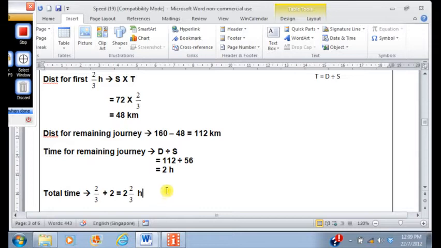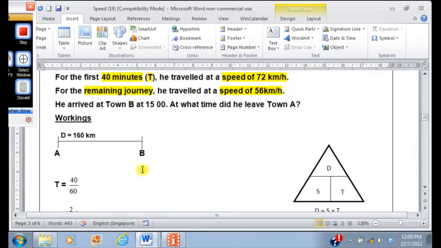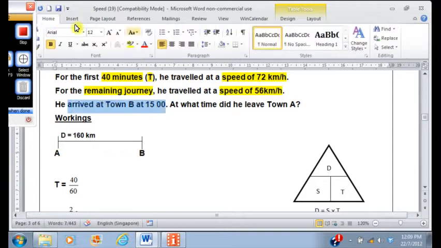That is not what the question is asking you. The question is asking you, saying that he arrived at town B at 1500 hours. So this is actually a 24-hour clock format again. So at what time did he leave town A?